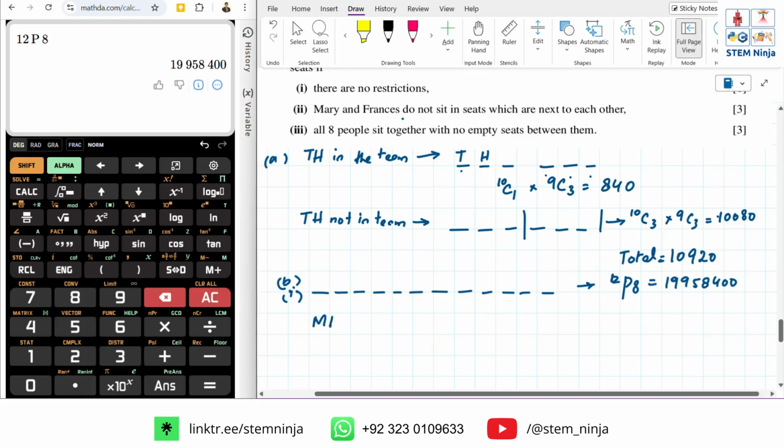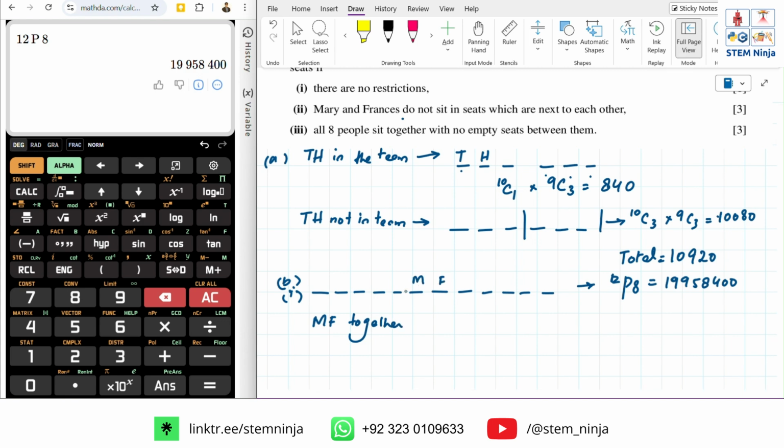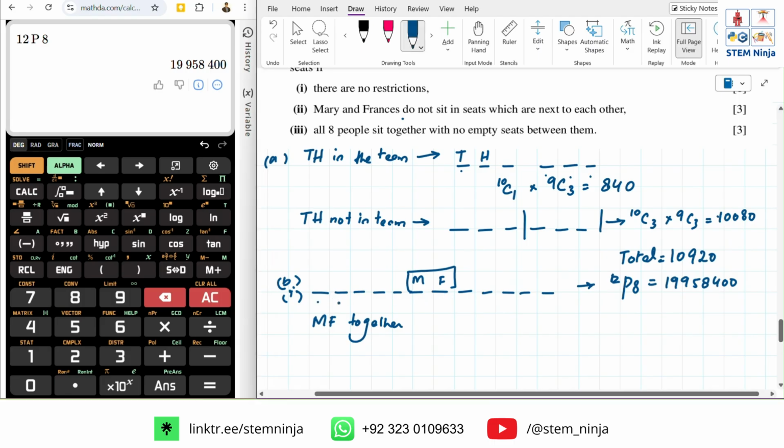So Mary and Francis together, we can consider them to be a group for the time being. So this would become 1, 2, 3, 4, 5, 6, 7, 8, 9, 10, 11. So 11 possibilities.